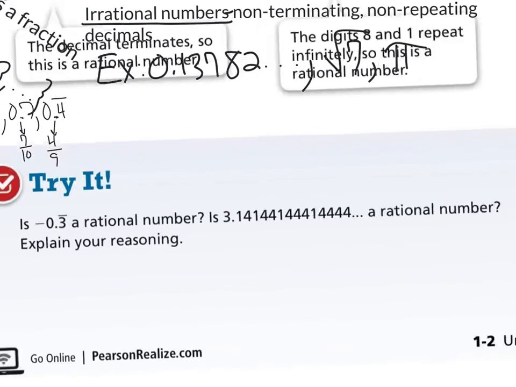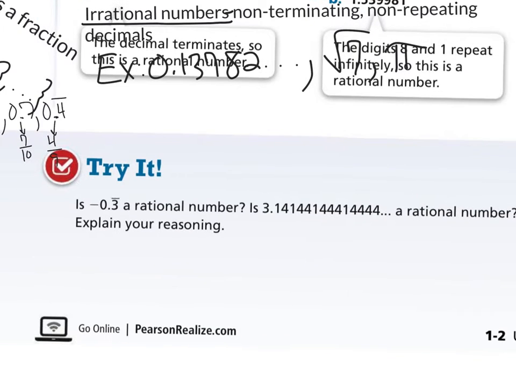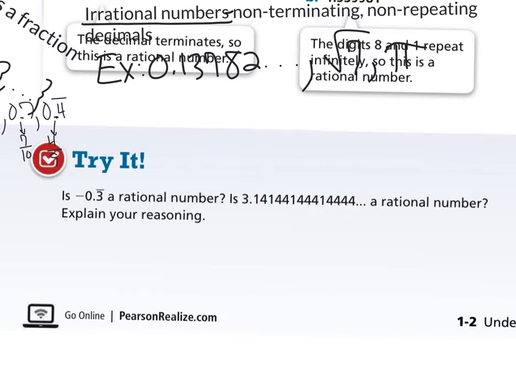If you look at the Try It, they're asking on those two whether they're rational or not. The first one, -0.3 repeating: with it being a repeating number, would that be rational? Yes. Repeating is rational. They both start with an R. That's a good way to remember, maybe. And then the next one, 3.14141444144444.